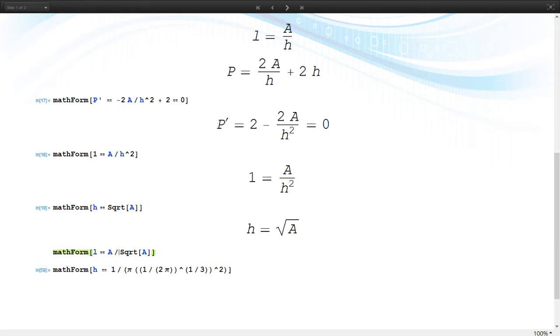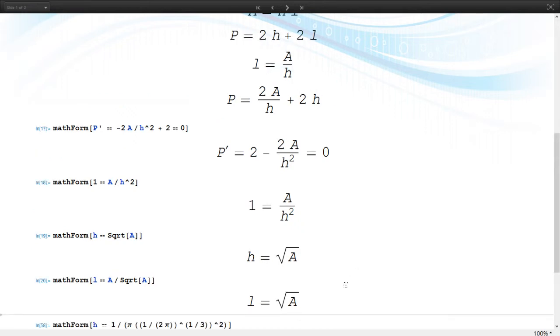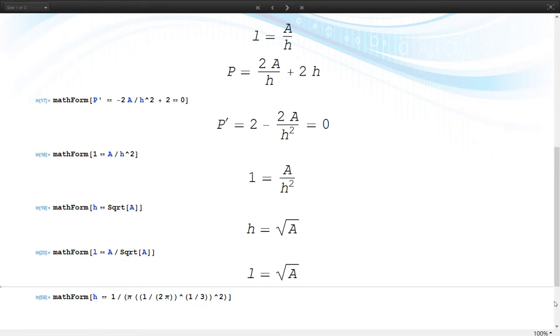H is the square root of a, so a over the square root of a will be the square root of a. So L is equal to the square root of a. Since L and h equal each other, that means that we have a square. Since the length and the height of the rectangle are equal, that's the definition of a square.